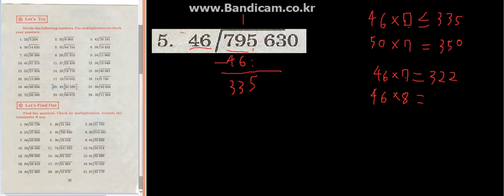And this time this is going to be 368. And yeah, that's the correct answer. 335 is smaller than 368 but bigger than 322. So we happily put 7 in the box as the maximum number, and we write down 7.